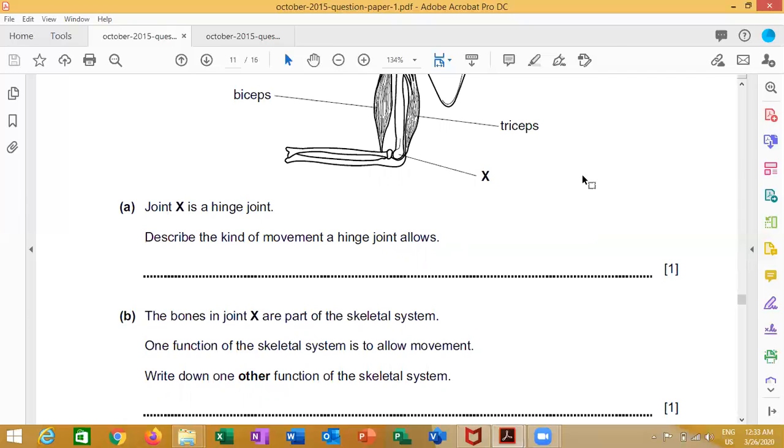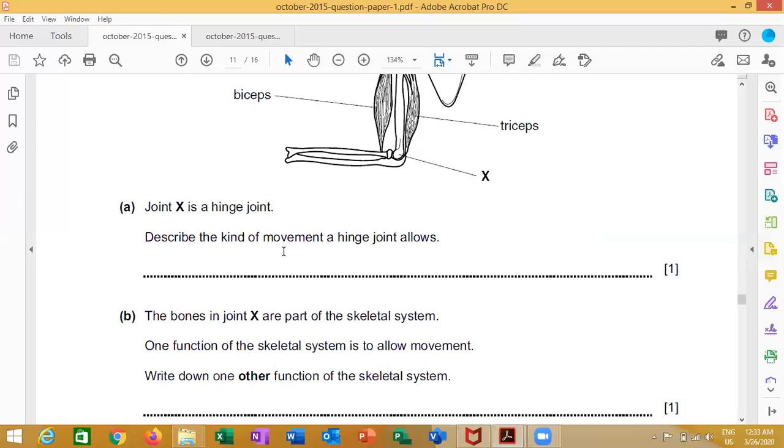The joints that can move in one direction only, we call hinge joints. The joints that can move in more than one direction, we call ball and socket. The hinge joint, like the elbow and knee, can only move backward and forward. This is only one direction, but the joints that can move in more than one direction, we call ball and socket, like the shoulder and hip joint.